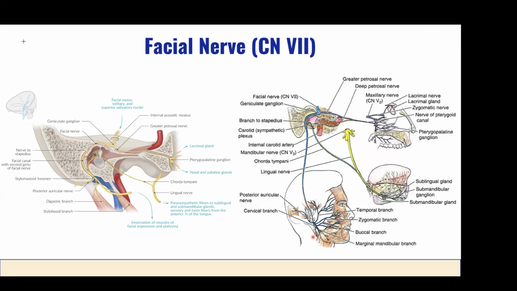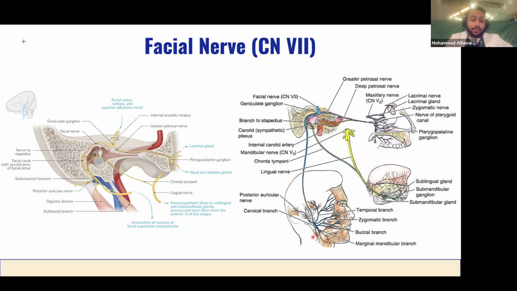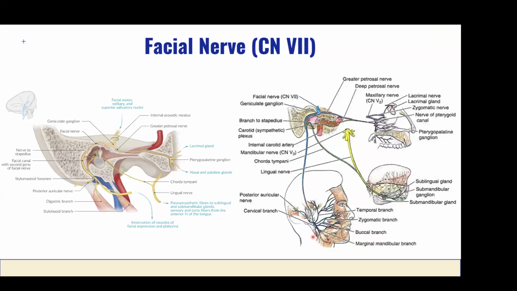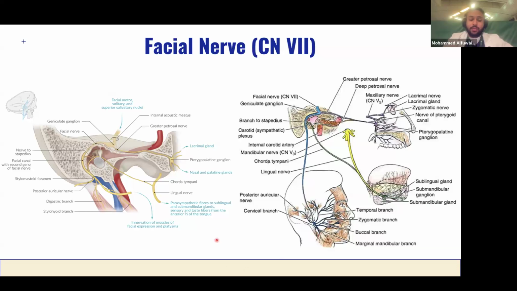No. Will they have difficulty tasting? No. They won't have difficulty tasting because that branch is over here, not in the parotid gland. It gives it off at the facial canal in the middle ear. So they won't have difficulty tasting.